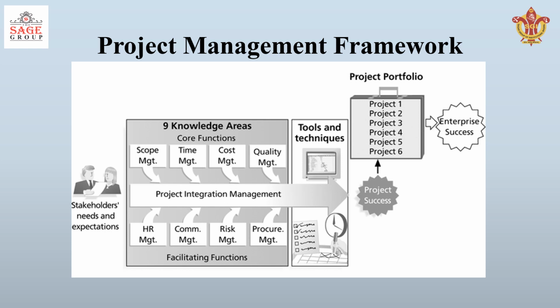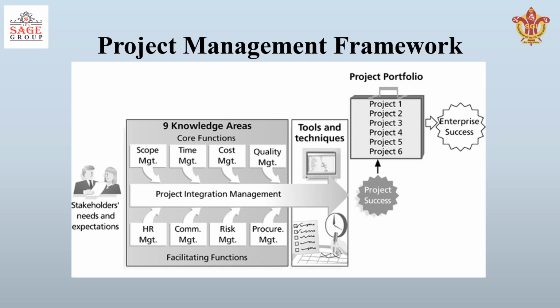Let us now discuss the project management framework. So basically in this we are going to understand how we are going to manage our resources in order to accomplish the objectives. On the left hand side of the slide you can see the stakeholders' needs and expectations.